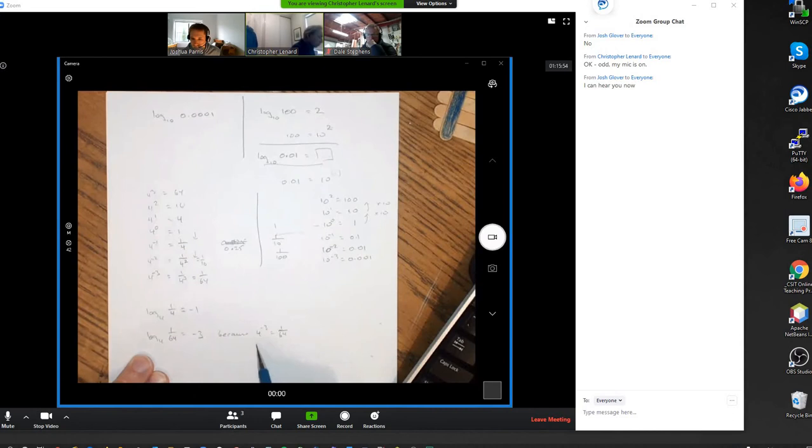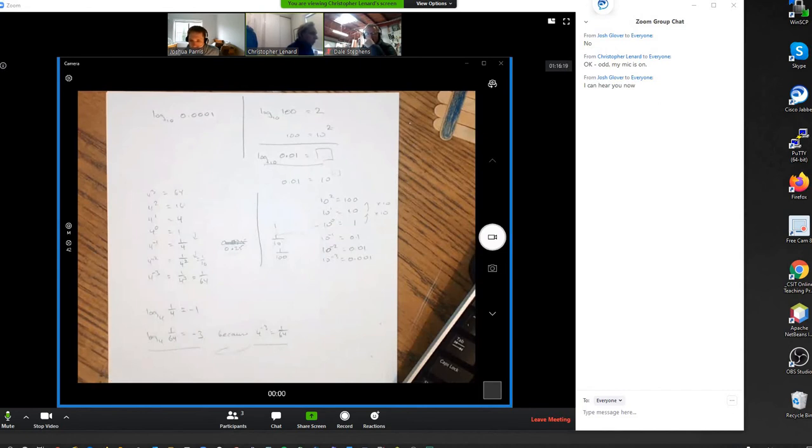So, in a sense, this statement and this statement are exactly the same. And because you know this, you work backwards to that. So if you said, because 4 to the minus 3 equals 1 over 64, that'd be fine as well.